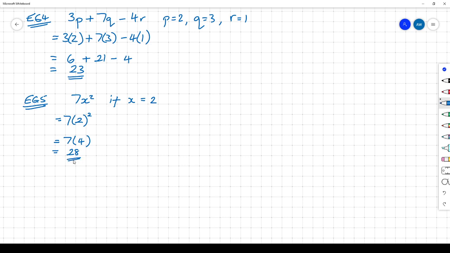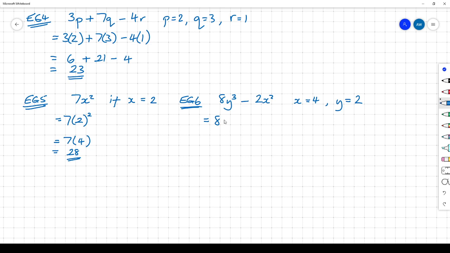Okay, nice and tidy. Let's look at example 6. I'm going to do one over here next time, to save moving the page. Evaluate 8y cubed, take away 2x squared, if x was equal to 4 and y was equal to 2.